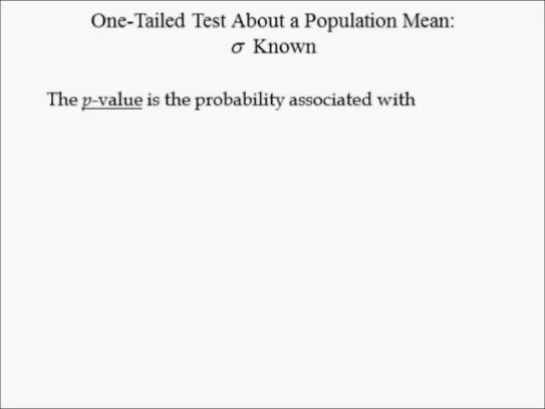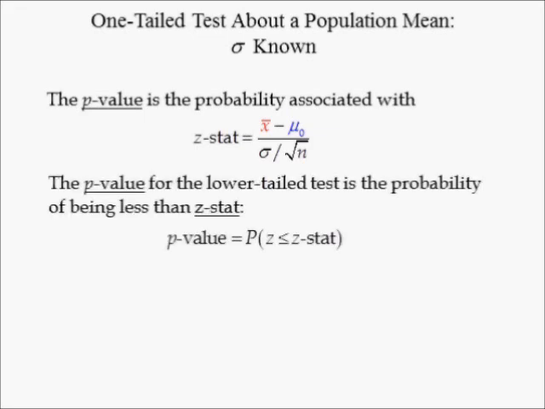The p-value is probably associated with z-stat, which is just the deviation from the hypothesized value of the mean divided by the standard deviation of x bar. The p-value for the lower tail test is the probability of being less than z-stat.